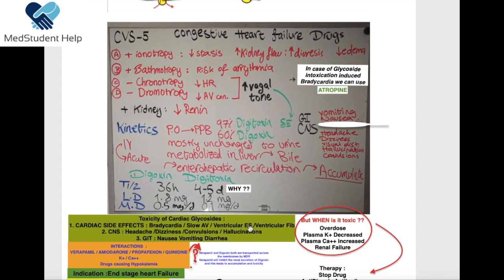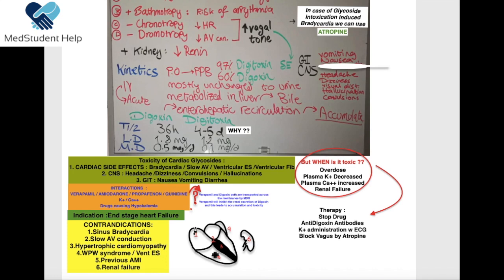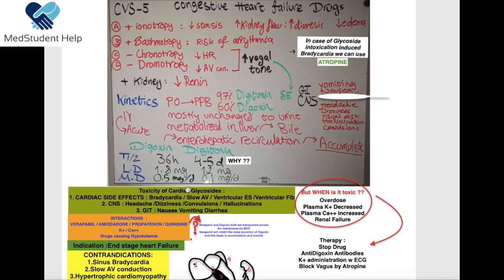So ventricular extrasystole and even ventricular fibrillation. And as you know, ventricular fibrillation is lethal. And so very, very serious side effects can develop in case of not so monitored cardiac glycosides.